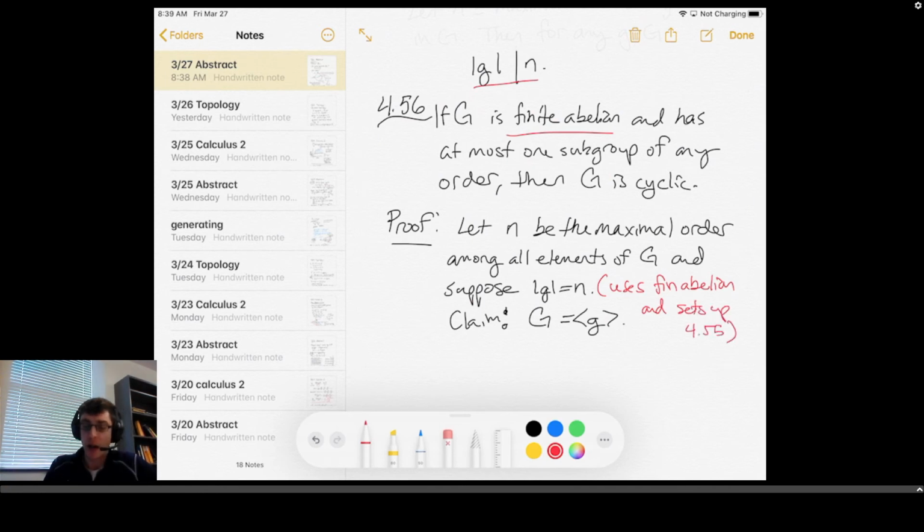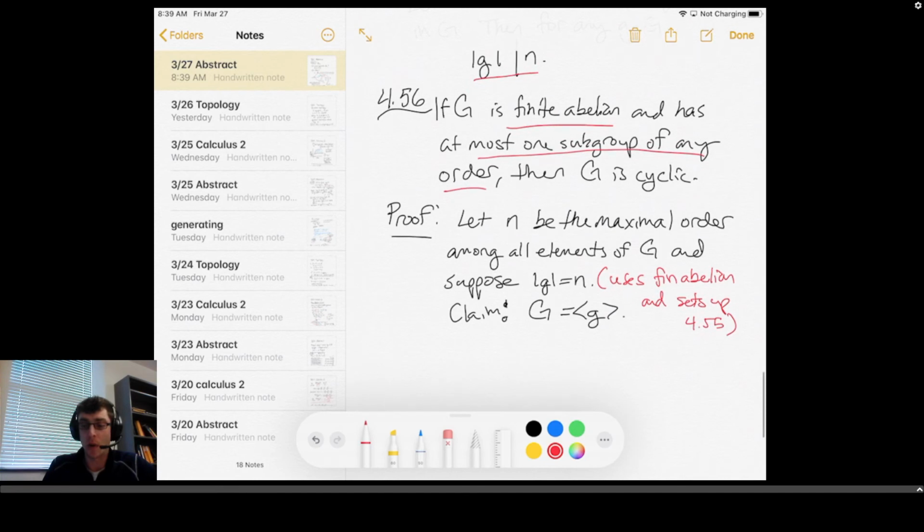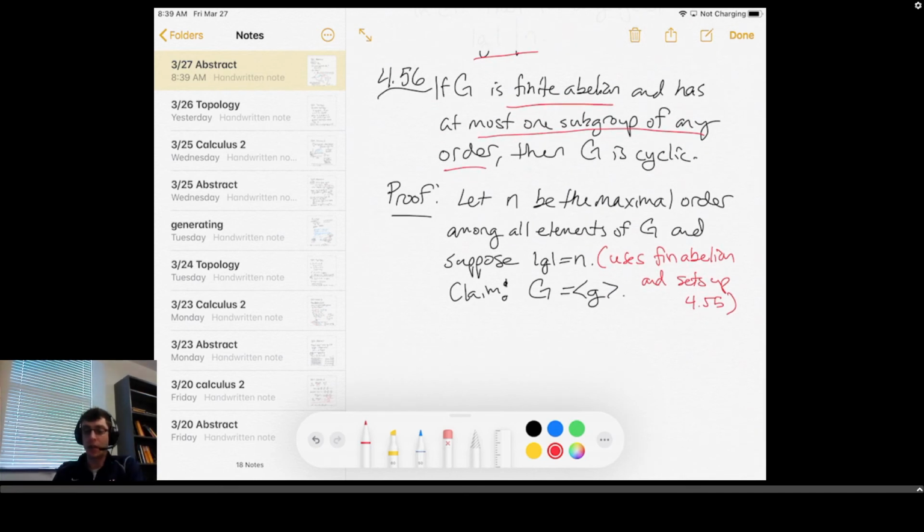And then the other thing is it has at most one subgroup of any order. So if we're going to contradict something, we're going to be using 455 to get a contradiction that says we have more than one subgroup of some order. So that's my goal here.